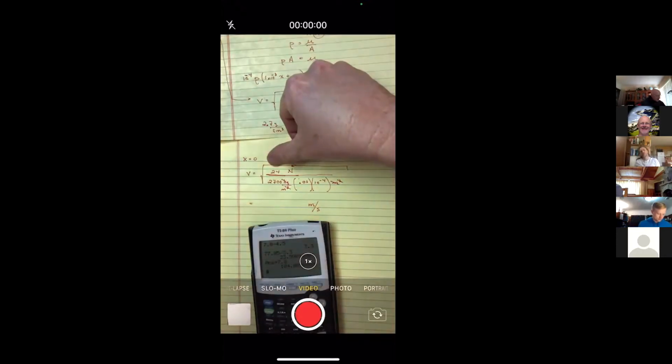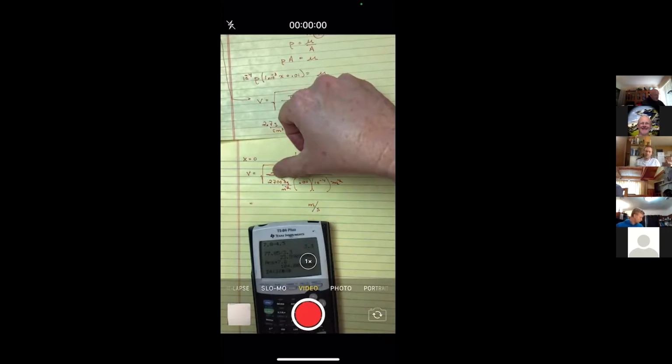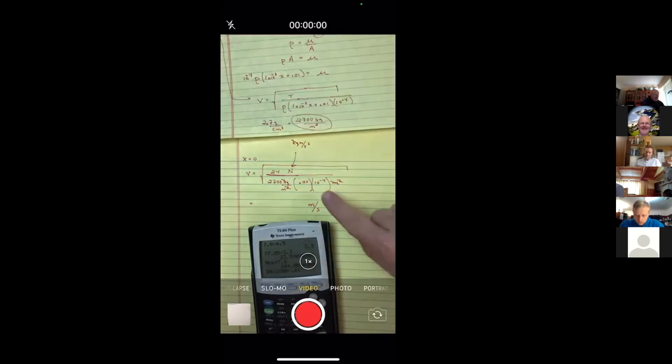And so it looks like in the top, I have a 24. I'll divide that by 2,700. I'll divide that by 0.01. And I will divide that by, how about I just write that? Let's see, 10 to the minus 4. Would that be 0.123? 4, yeah. All right, so I'll do all that.